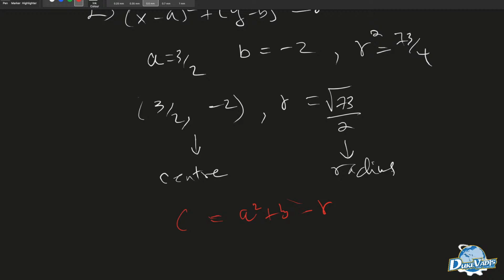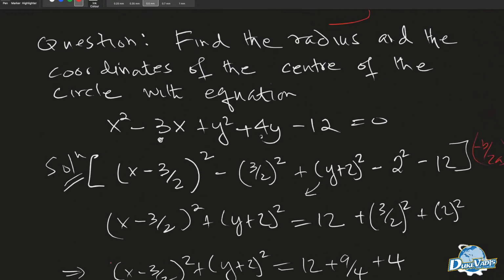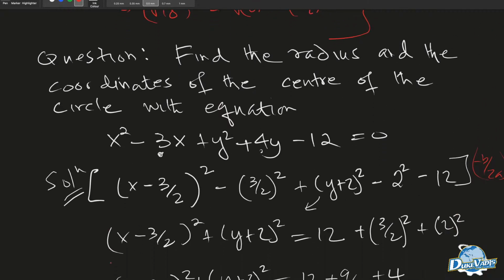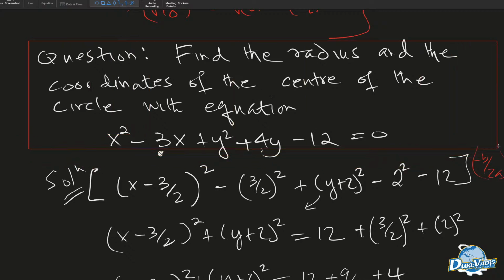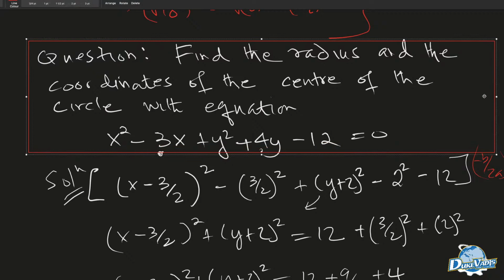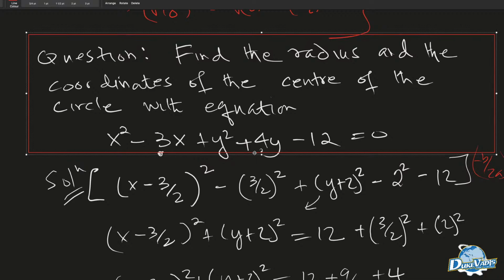First of all, you have to add negative b over 2a squared to both sides, and that will give us the solution to this question. Take your time and look at the whole question. You see that it's not anything difficult. You just follow it stepwise and you'll be smiling. Okay, look at this question.